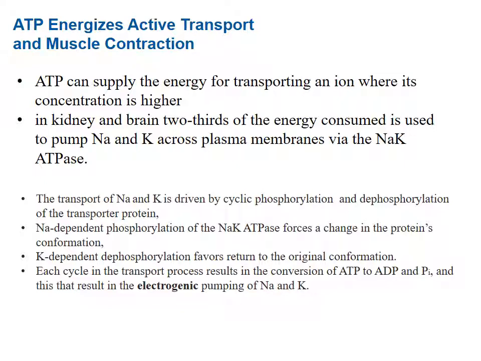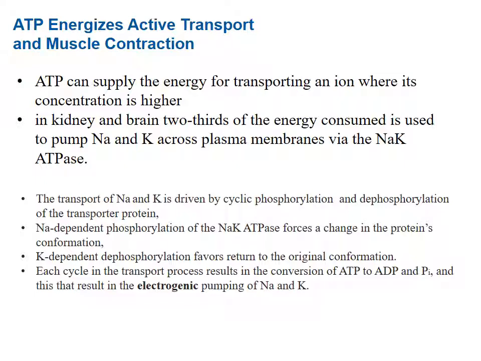For example, in kidneys and in the brain, a large amount of the energy is consumed to pump sodium and potassium across the plasma membrane by a sodium-potassium channel, which is an ATPase, a molecule that hydrolyzes ATP.